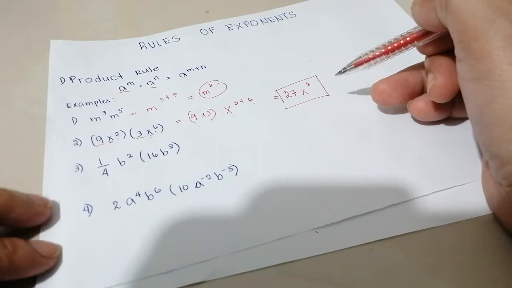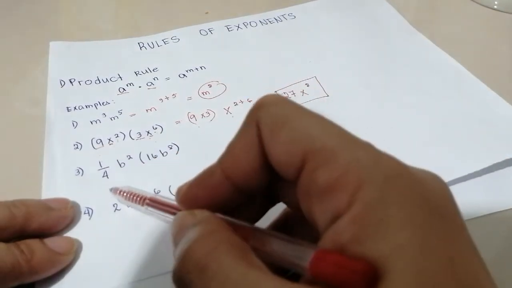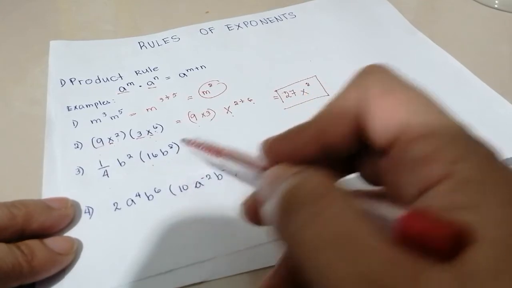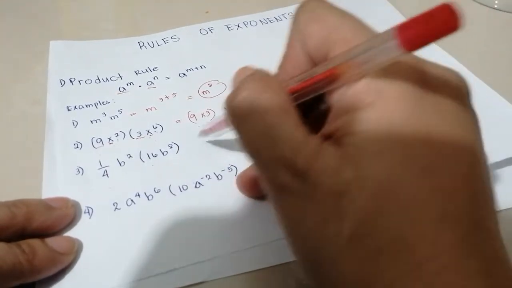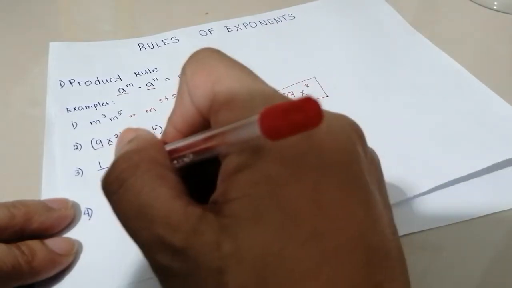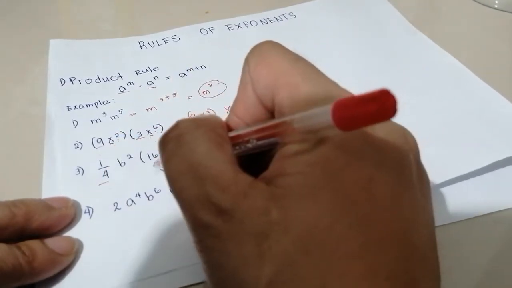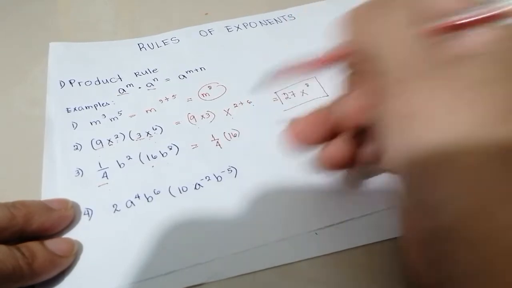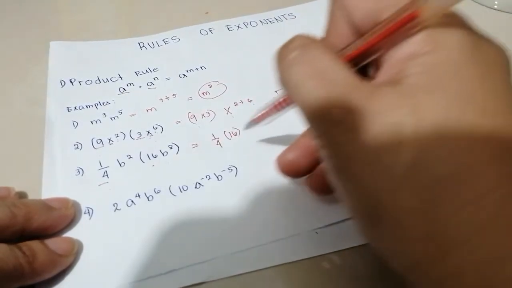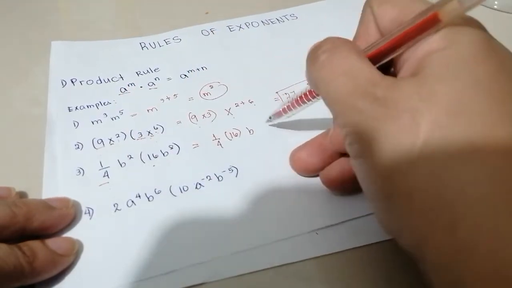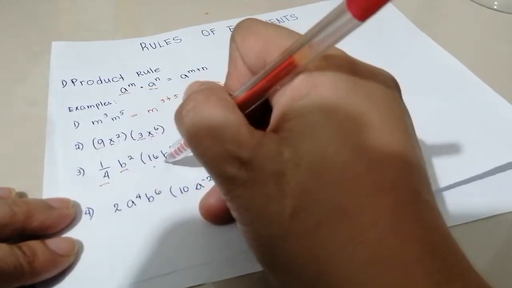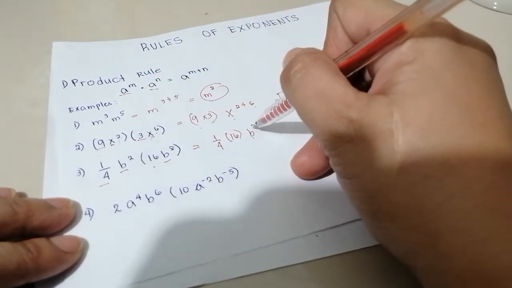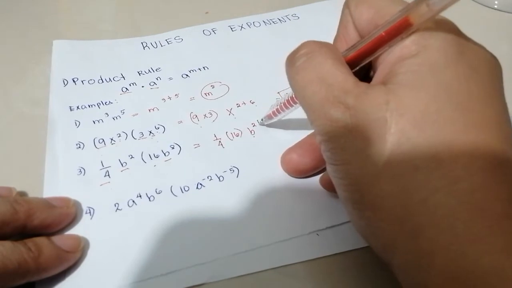Okay? So, next is, what if we have 1/4 b squared times 16 b raised to the 8th power? So, the first thing that you need to do here is multiply 1/4 and 16. Okay, so we have to write it here, 1/4 times 16. And then after, write b, because this is common, b and b, so copy mo yung b, and then after, add 2 plus 8.